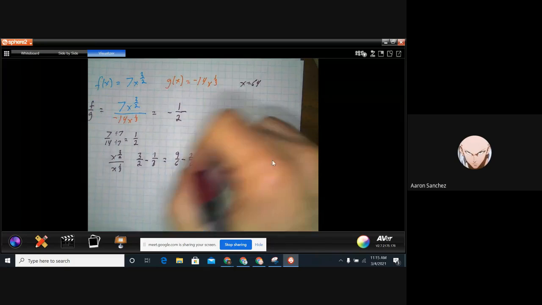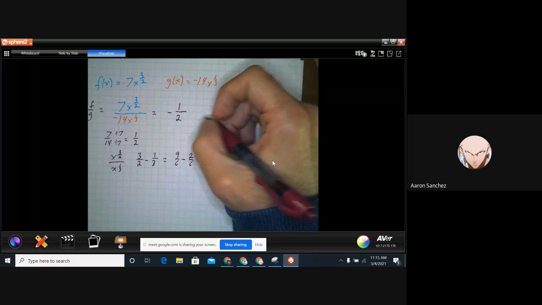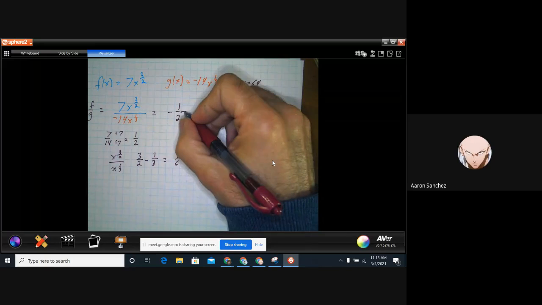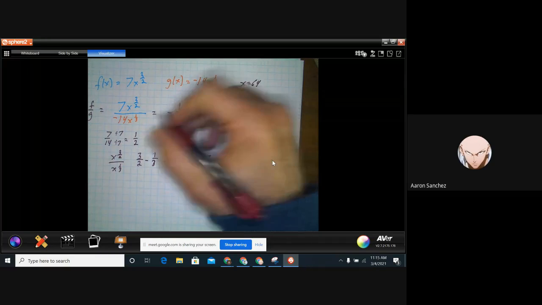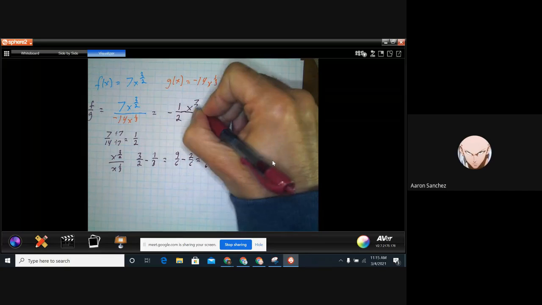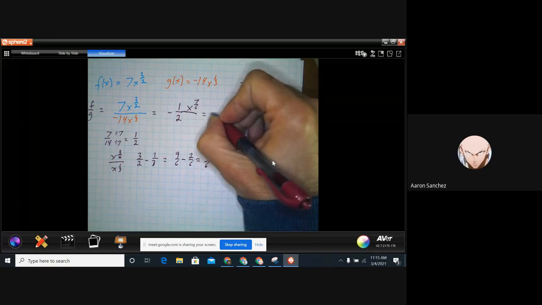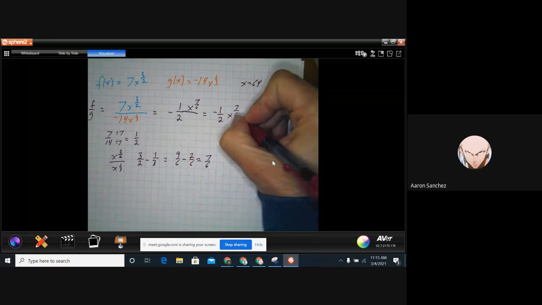So this will be times, let's leave it like this, times, let's do it on the numerator. It should be the numerator because it's bigger. So it'll be x to the 7/6, or negative 1/2 times x to the 7/6.